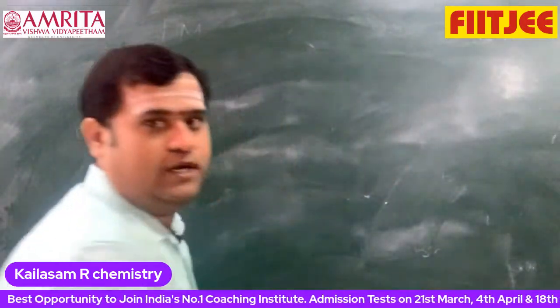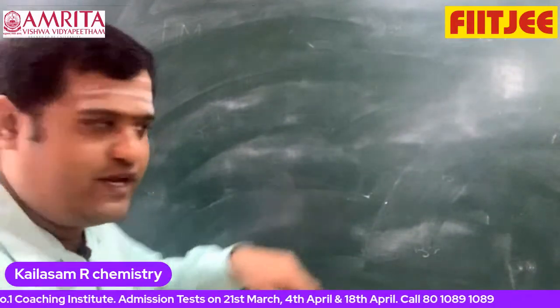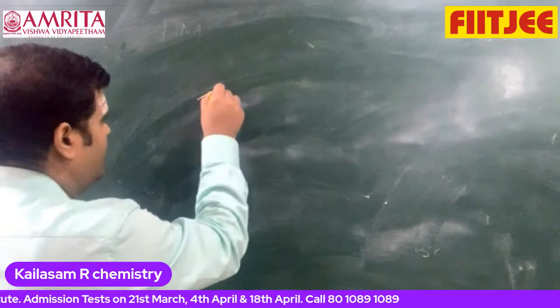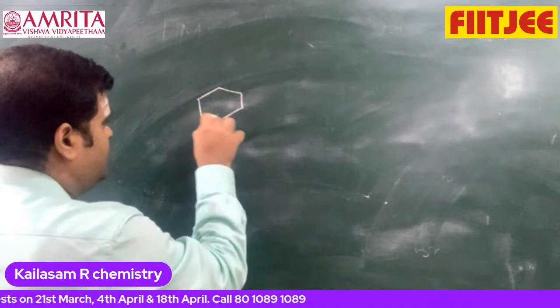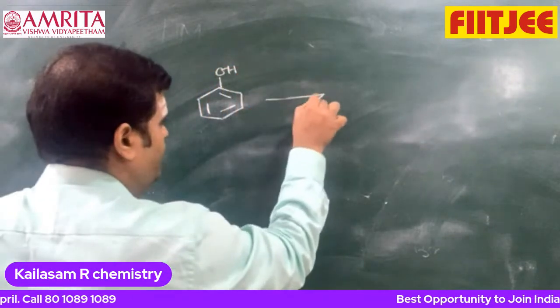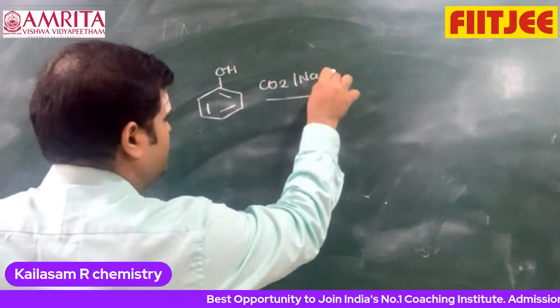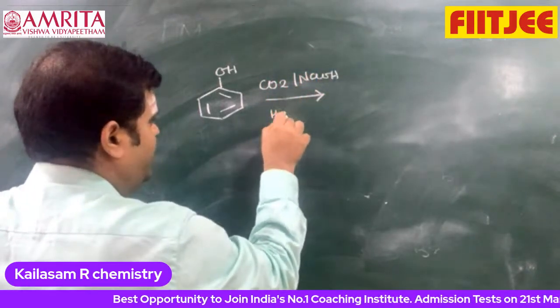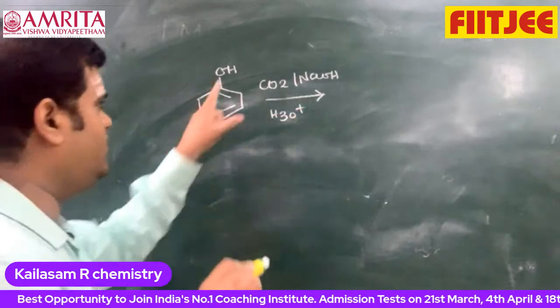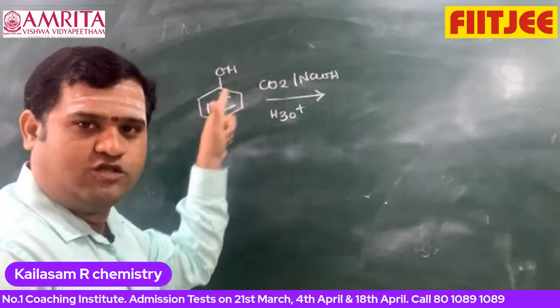Now the next reaction, a very important reaction, is the Kolbe reaction. What is the Kolbe reaction? Look at this. Now I am going with phenol, and I am going to use CO2, NaOH followed by H3O plus. Because we know that OH is an ortho para director, it attacks the ortho as well as para position.